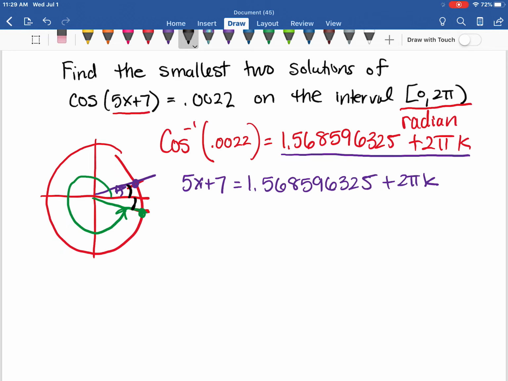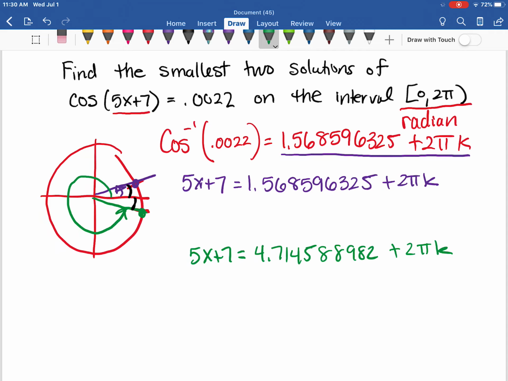So my green angle is going to be 4.714588982, and then of course I want to add multiples of 2 pi.